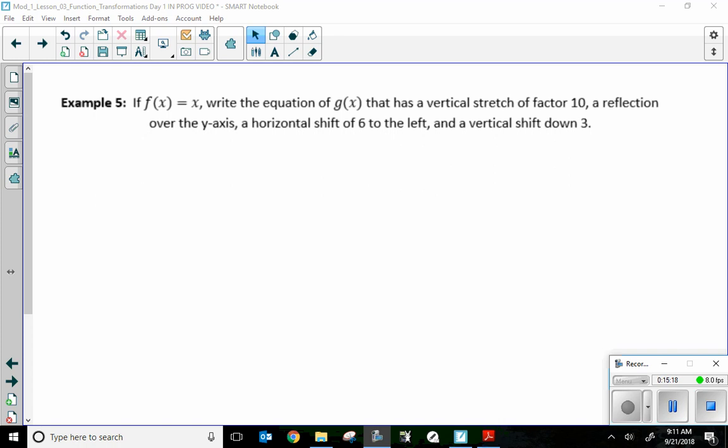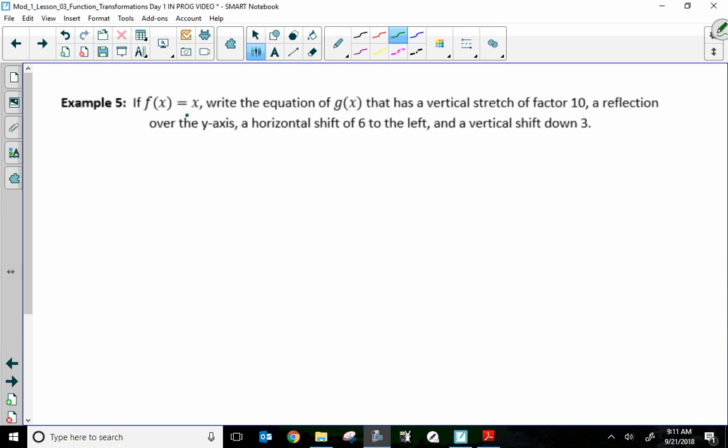So, if f of x equals x, that's my original function, write the equation of g of x that has a vertical stretch by a factor of 10, a reflection over the y-axis, a horizontal shift of 6 to the left. That's important, I gotta know which direction, and a vertical shift down 3.